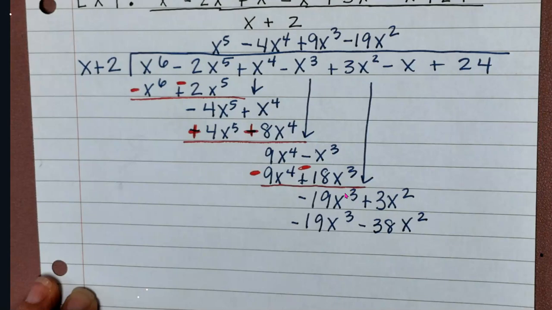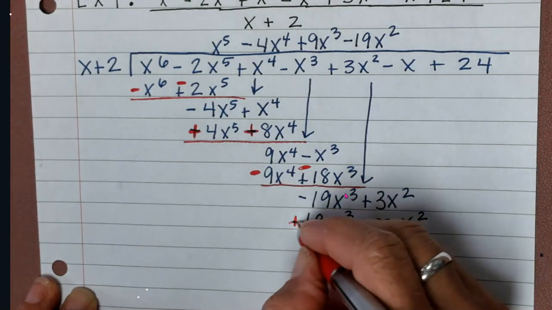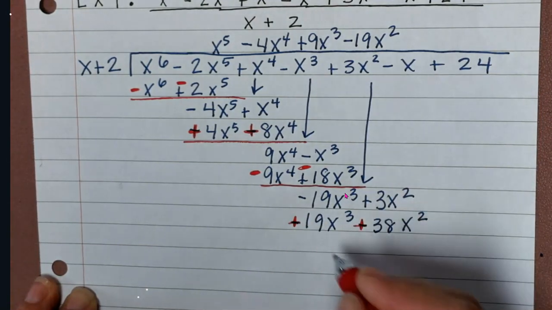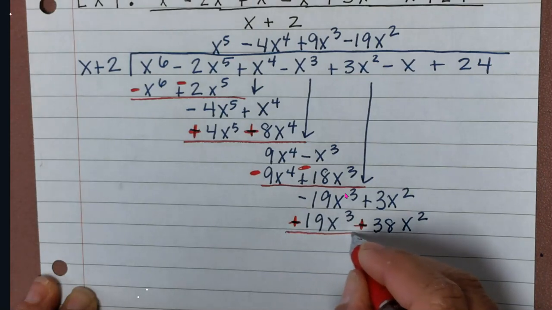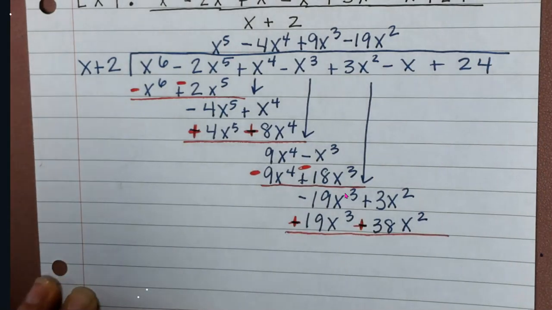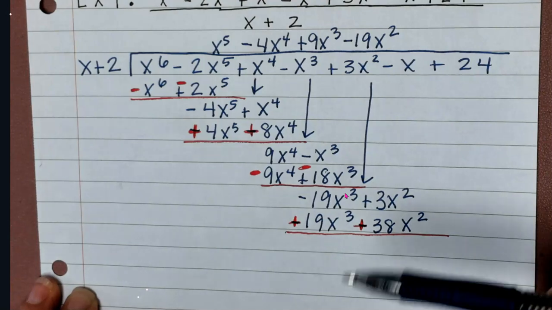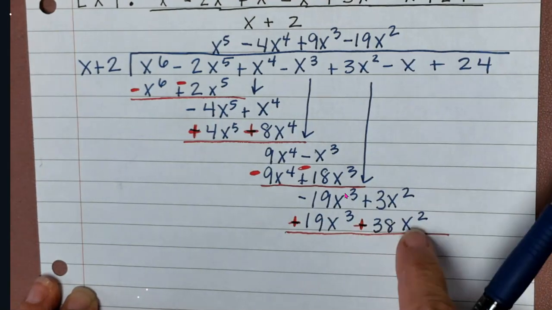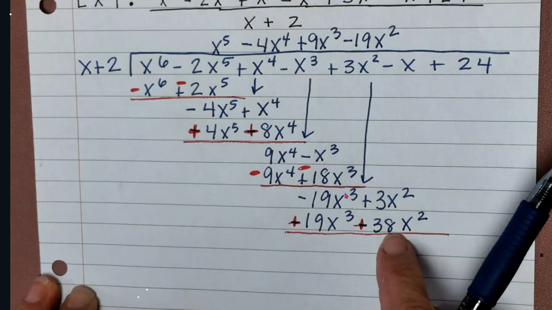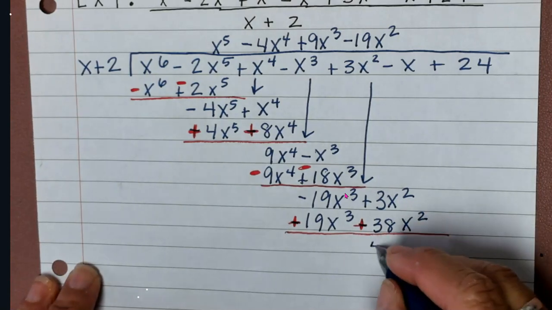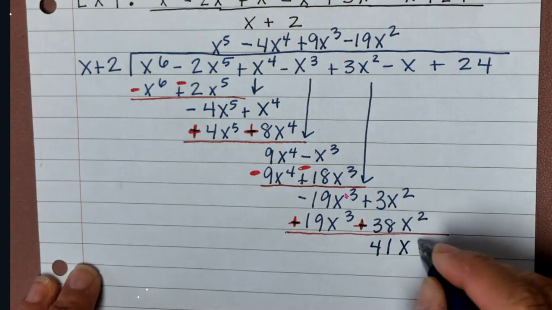Red pen time. Change both these guys to positives. All right, look. A positive 3x squared and a positive 38x squared is a positive 41x squared.